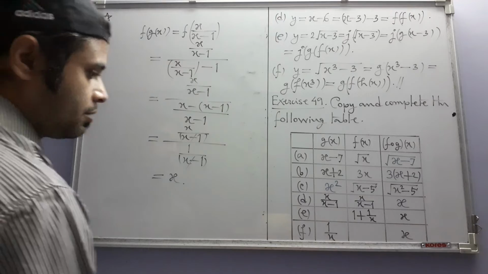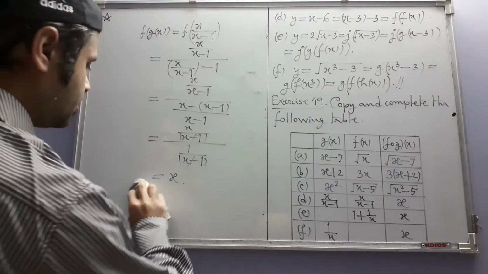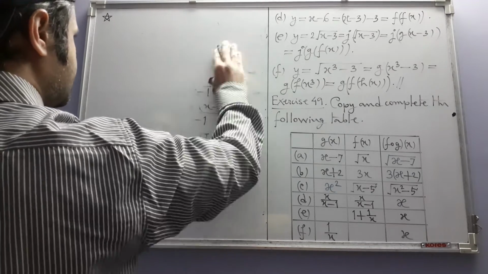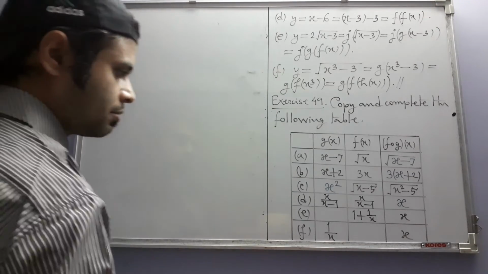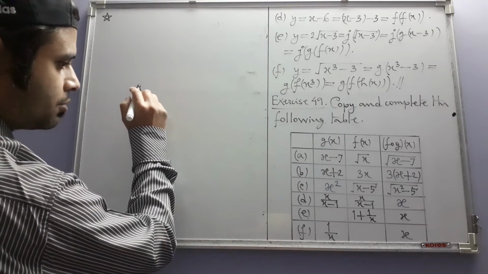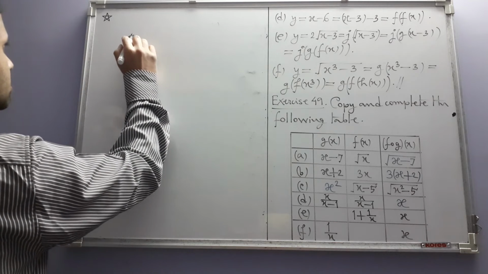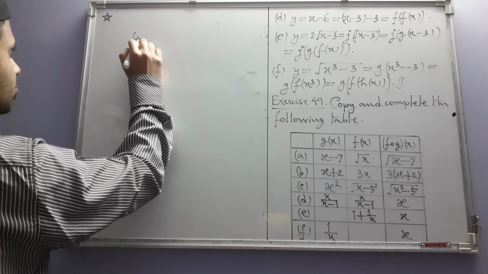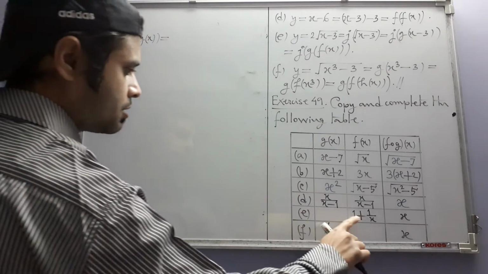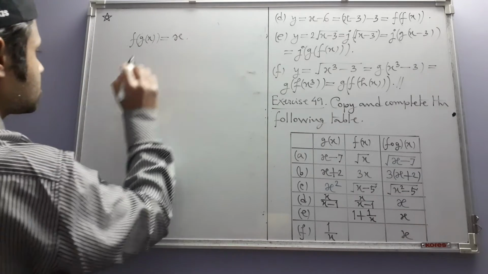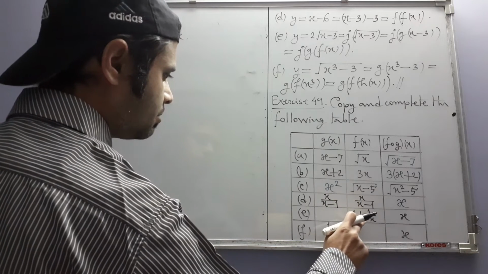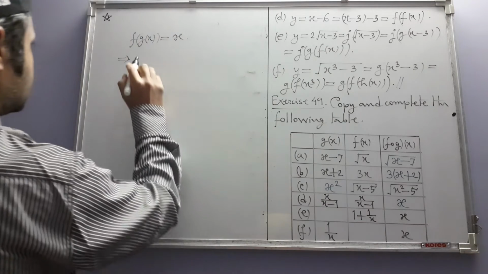Then again, like that other calculation, here we need to guess g. Just like before, this time f of g of x is equal to x. f is given, this one, 1 plus 1 over x.